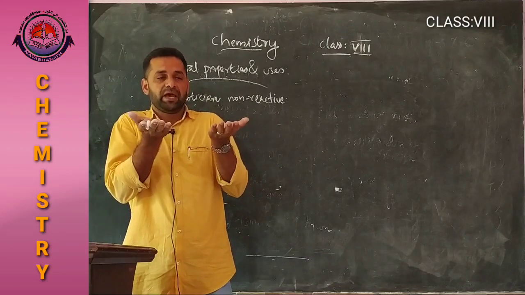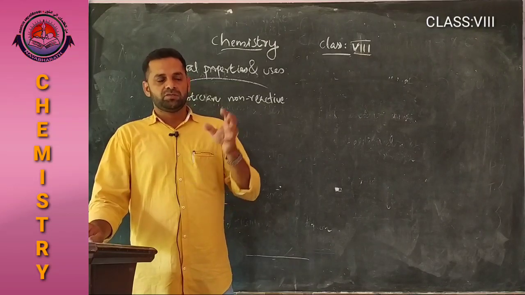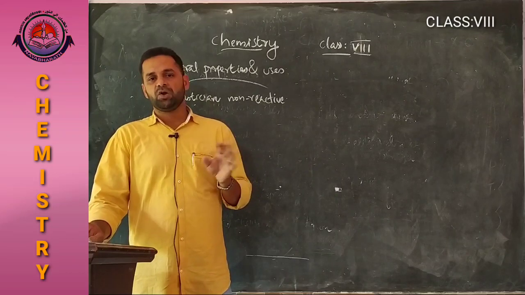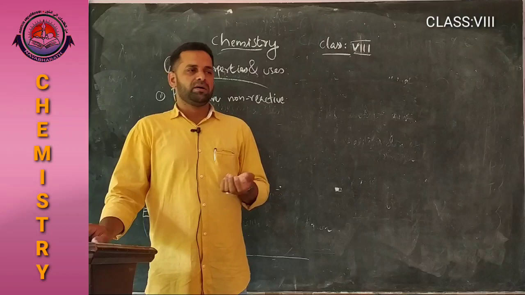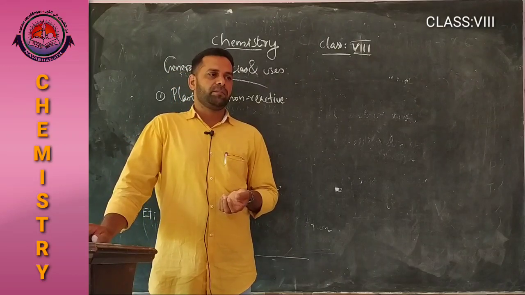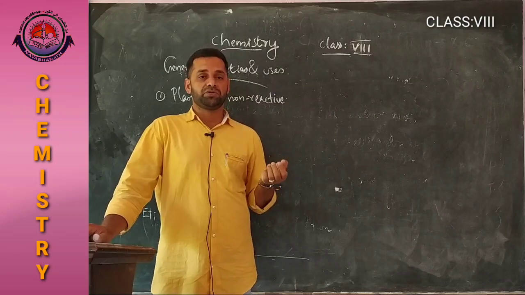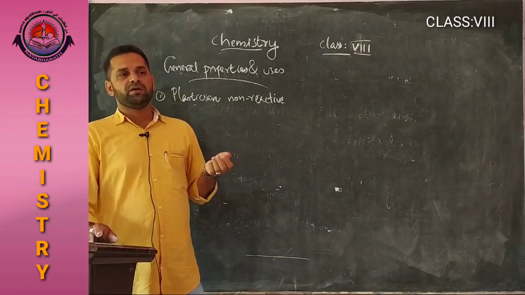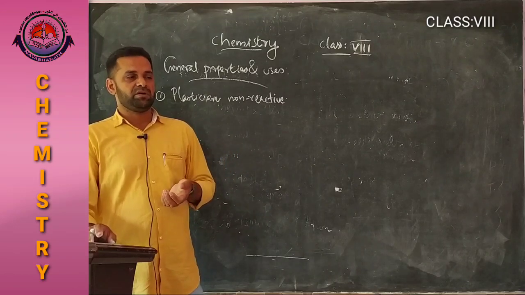When we expose iron utensils to moist air, after a few days they undergo rusting. That is called corrosion of iron. But in the case of plastic, they will not undergo any type of corrosion, or react with the air and moisture. So they are less reactive or non-reactive.